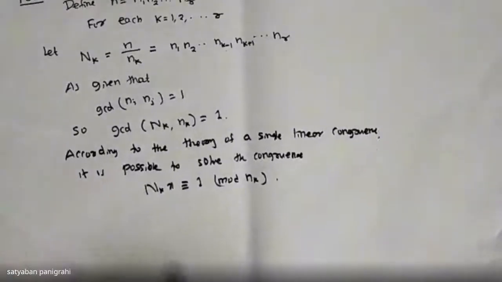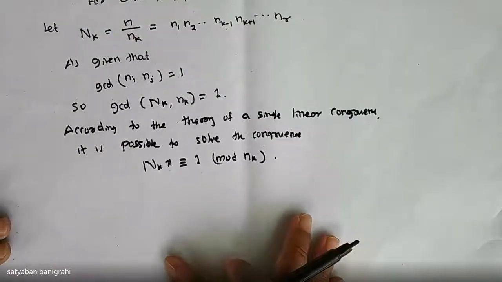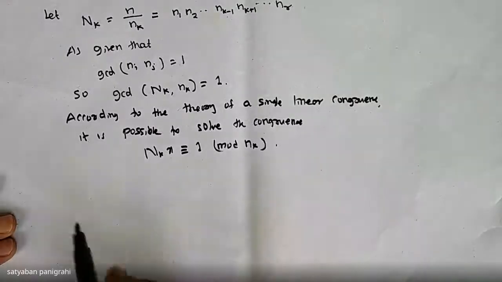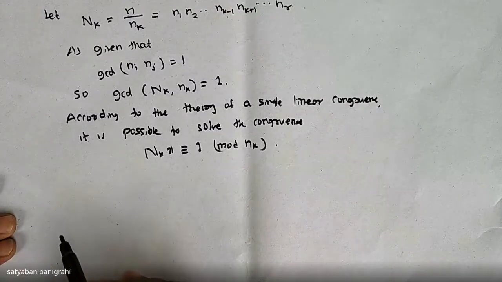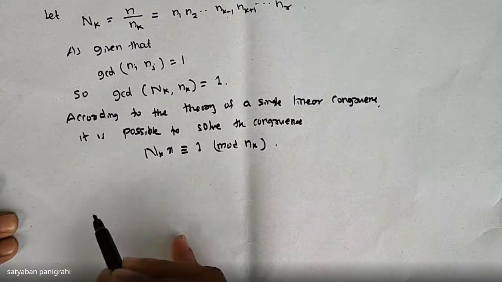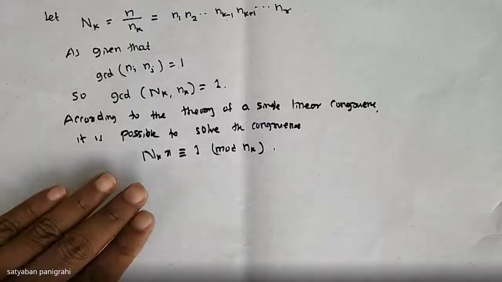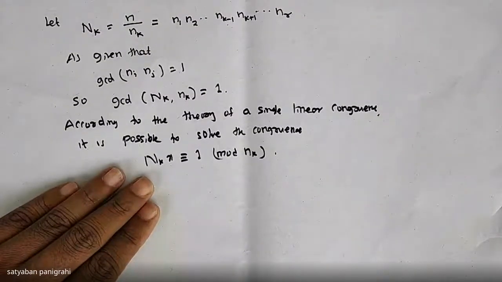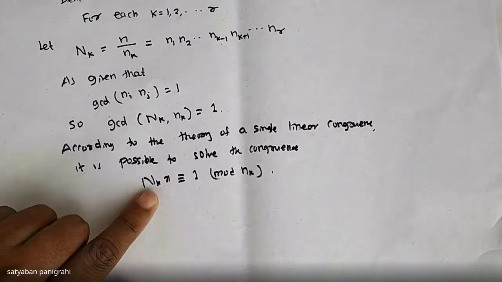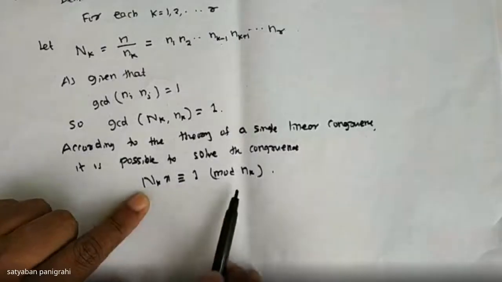Now, we call this number xk. This one, nk·x ≡ 1 mod Nk.